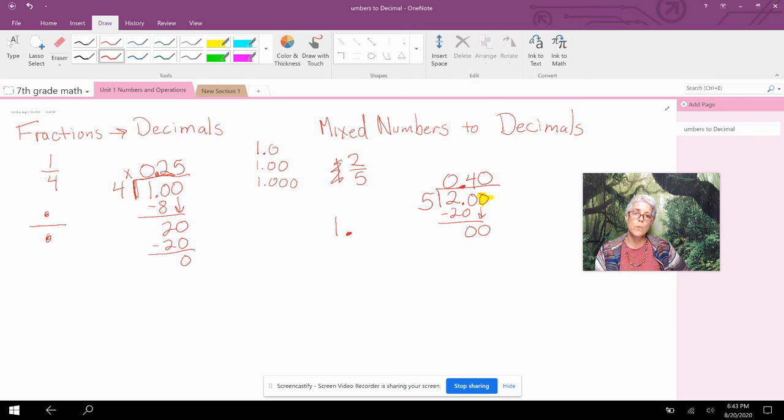I'm going to put the 40 to the right of the decimal. So 1 2/5 is equal to 1.40. You can also just write it as 1.4. Means the same thing.